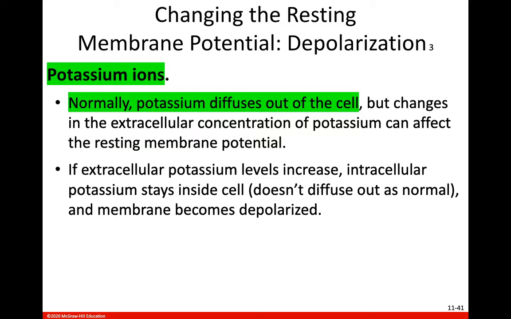And then potassium can also cause depolarization. Normally potassium diffuses out of the cell, but if you have changes in the potassium levels in your body so that the extracellular concentration of potassium becomes more than inside the cell, then potassium, rather than going out, is going to come into the cell.